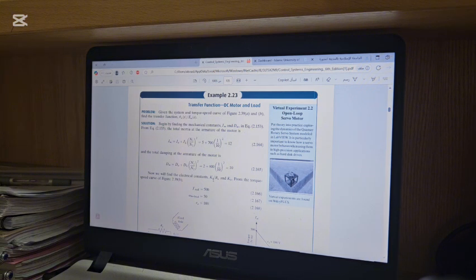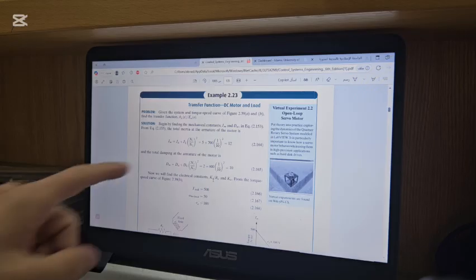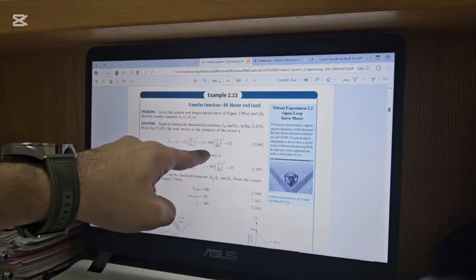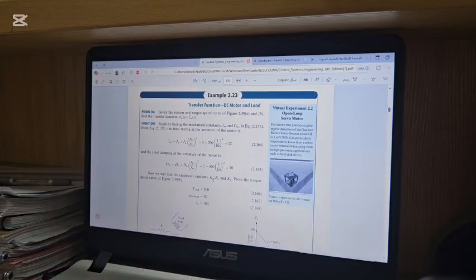begin by finding the mechanical constants Jm and Dm in the equation. So the total inertia at the armature of the motor will be Jm equal Ja plus Jl multiplied by (N1 over N2) all squared, and we will substitute these variables with their values. So Ja equals 5, Jl equals 700, N1 equals 1, and N2 equals 10, all squared.